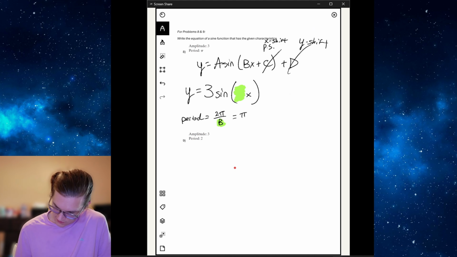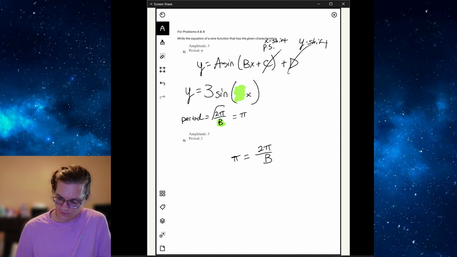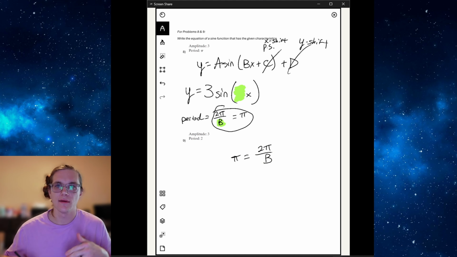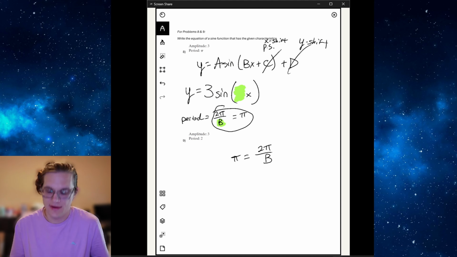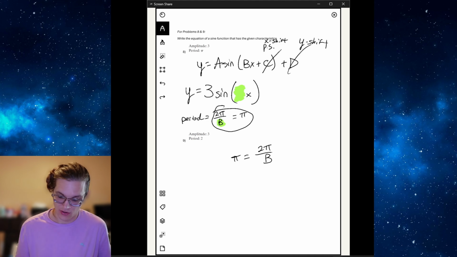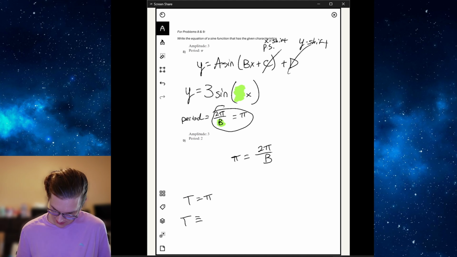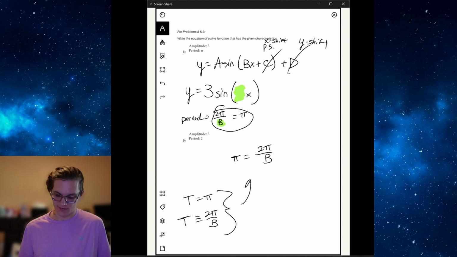That means you have this equation, pi equals 2 pi over B. It's good to write mathematically, sort of just take notes as you're working, like period is equal to 2 pi over B. We know that's true from literature. And the period is given as pi. Another way to write that is period is defined as 2 pi over B, and then when you combine these two equations is how you get that.